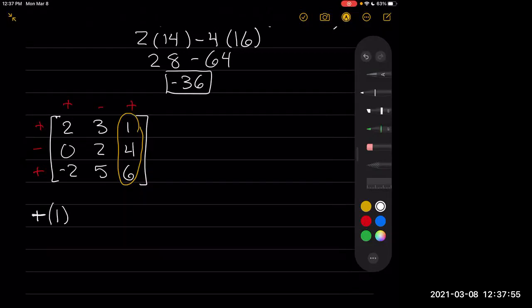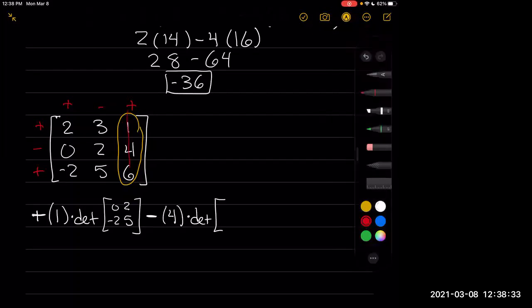And then we're going to have a 1 times the determinant of, again, if we cross this out, we end up with a submatrix 0, 2, negative 2, 5. If we were in person, I'd use the chalk eraser to go over the matrix to hide things, but alas. Okay, and now the sign of 4 is negative times the determinant of this one.